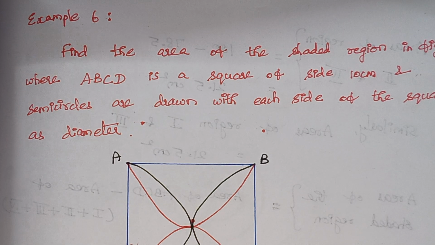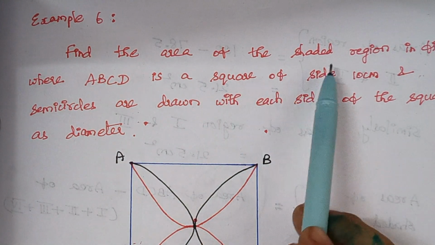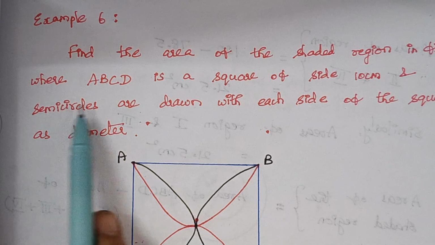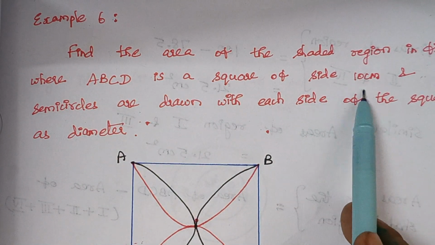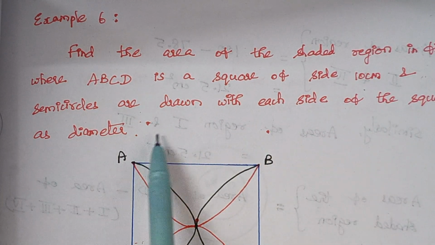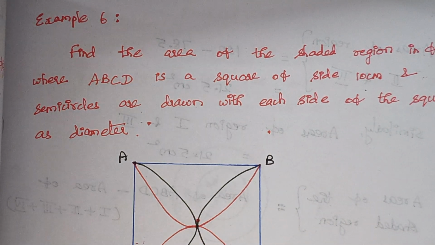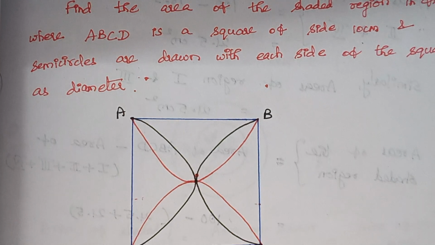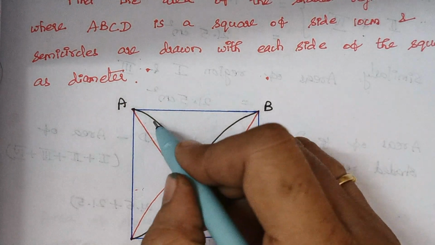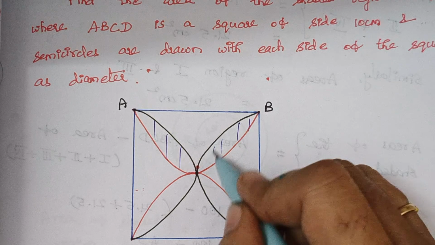So example 6. Find the area of the shaded region in the figure where ABCD is a square of side 10 cm and semicircles are drawn with each side of the square as diameter. So here this is the given diagram, and these are all the shaded parts.